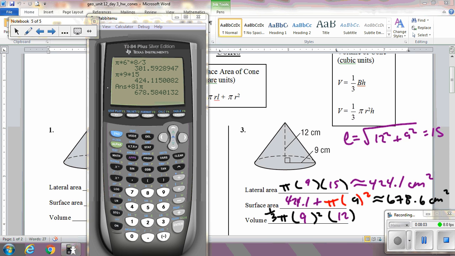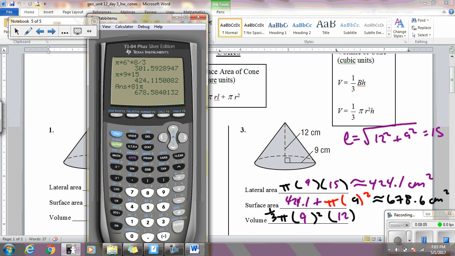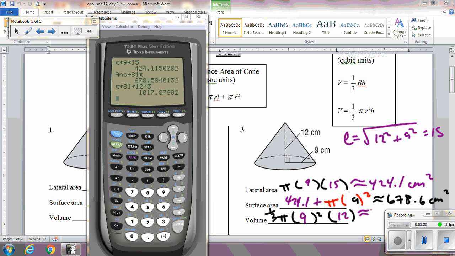So in the calculator, I'm going to put pi times 81 times 12 divided by 3. And I get approximately 1017 centimeters cubed for my volume.